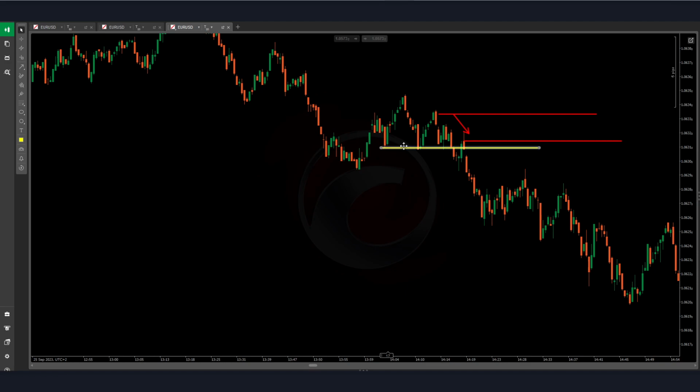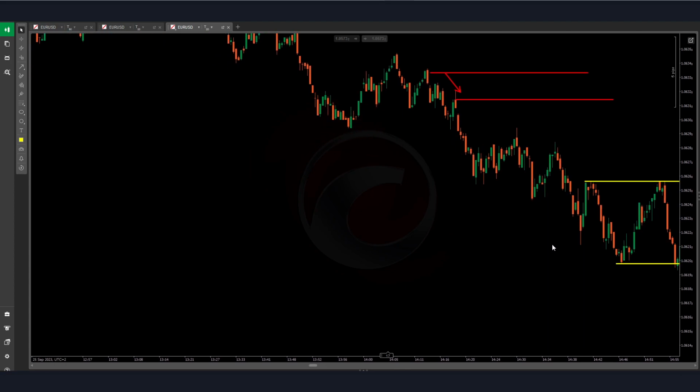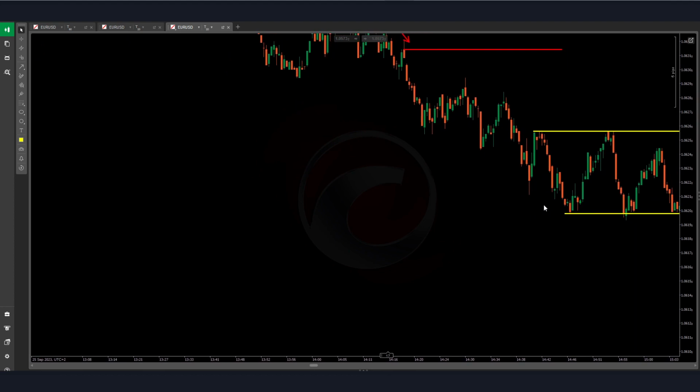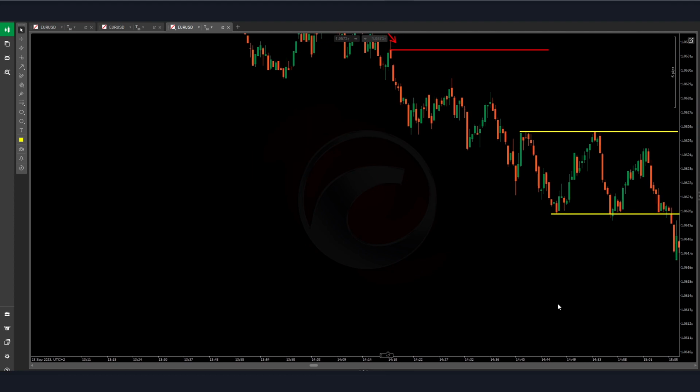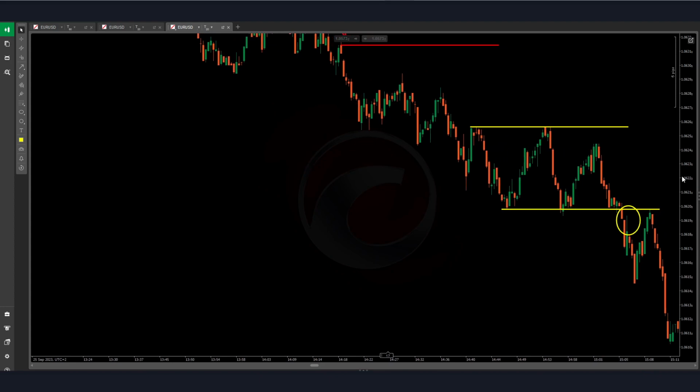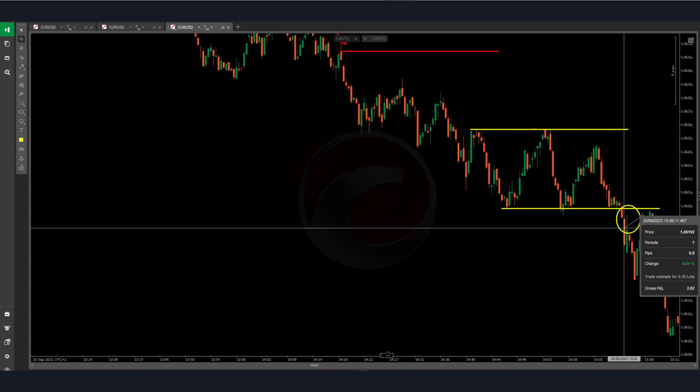Okay, so now let's have a look at the price action. We have these highs and these lows. We're coming into a new 4-hour candle. Okay, very nice. Now we are staying in this range. That means if we break above or below, there might be some nice volume. For example, over here, let's see. If we risk it over here, what is going to happen? That's awesome. We will have a stop loss of 1.5 pips.